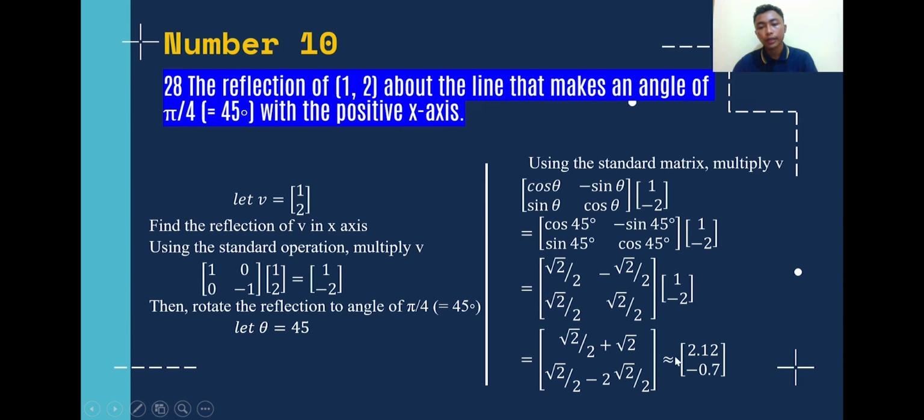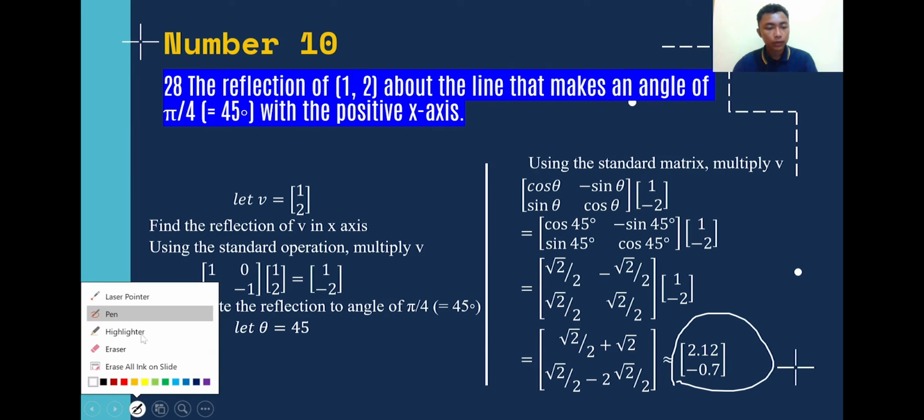So the final result is roughly this: 2.12, minus 0.7.